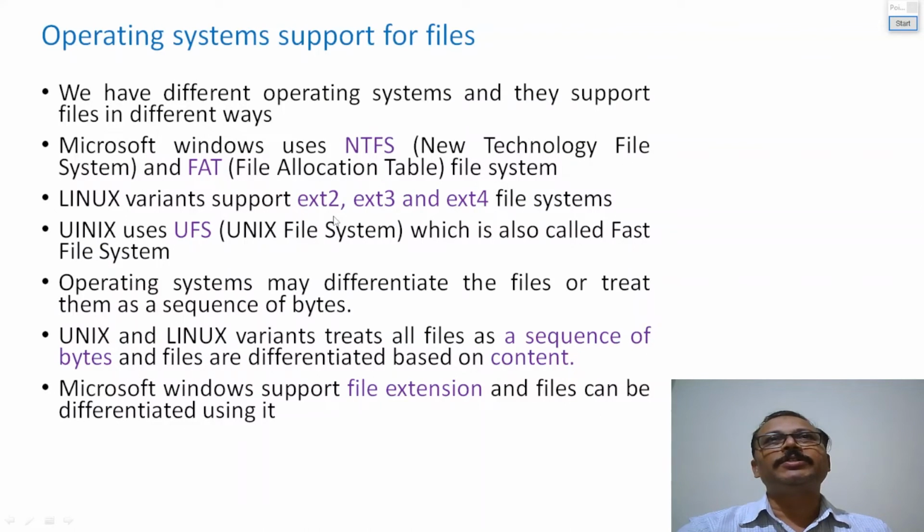Linux variants support ext2, ext3 and ext4. Unix uses UFS, Unix File System. Different operating systems, including Android, use their own file systems. If you want to process files, you should understand the file system supported by the operating system on which you are working.